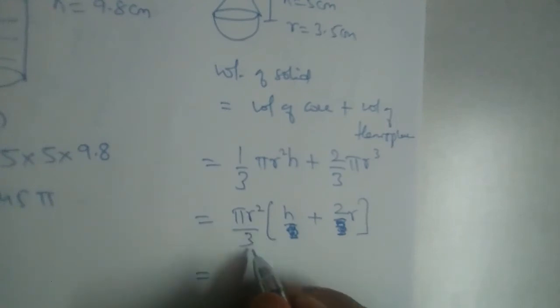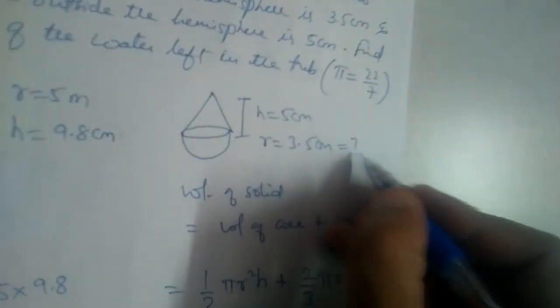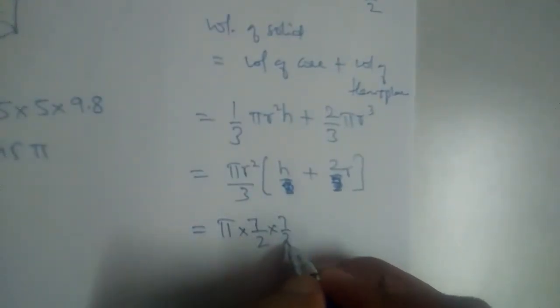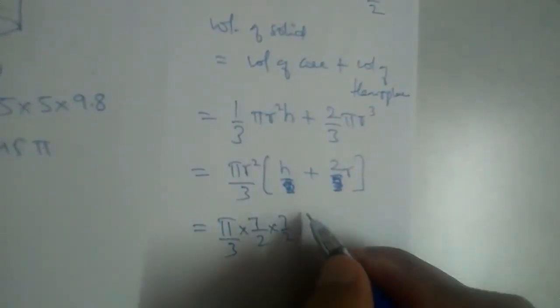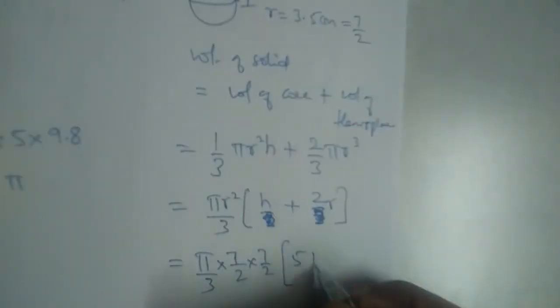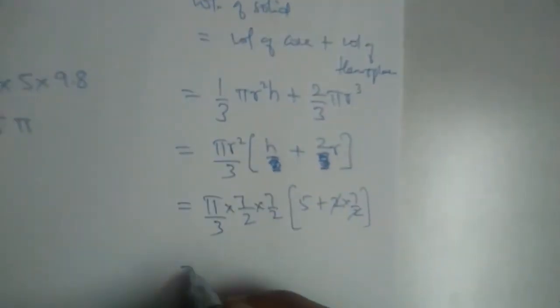So pi r square by 3. Pi, what is the value of r? 3.5. Can we write it as 7 by 2? Yes, let us write 7 by 2, 7 by 2, by 3 into h. H is 5, 5 plus 2 into 7 by 2. So 2 will get cancelled here.